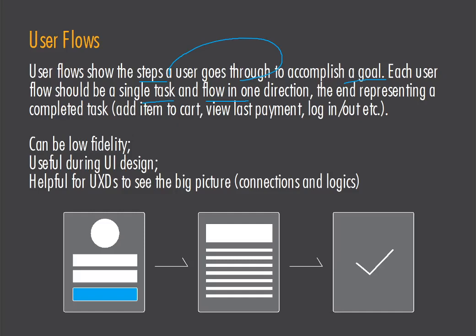Okay, not going back and forth. Well, they can go back and forth if your design has some errors. Okay, the end representing a completed task, like adding an item to a cart, view last payment, or login or log out function. Just one flow from start to the end.